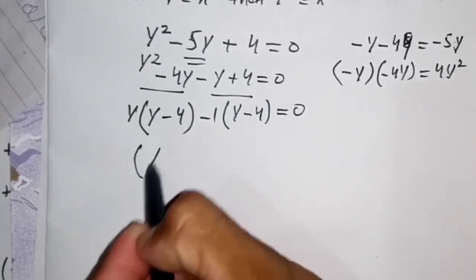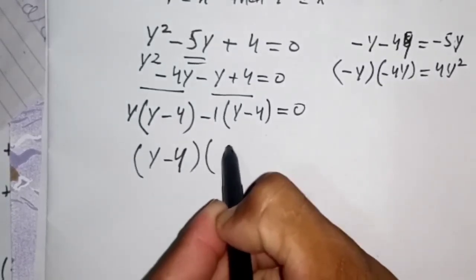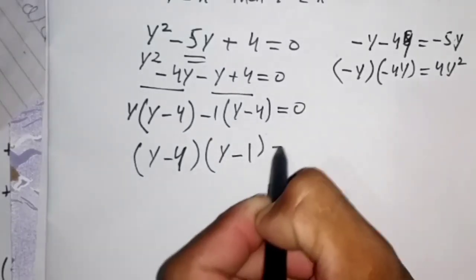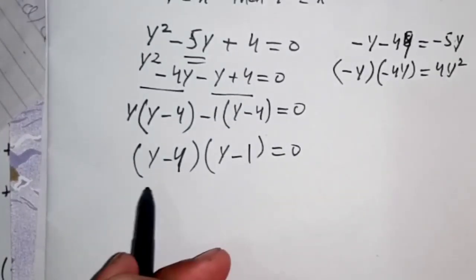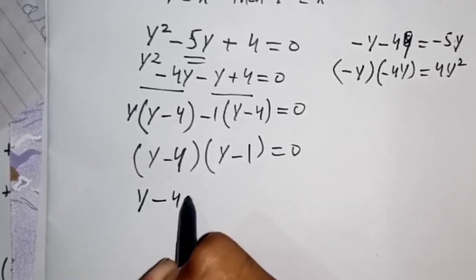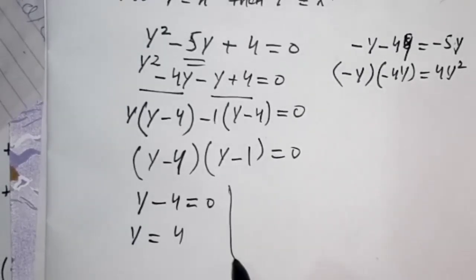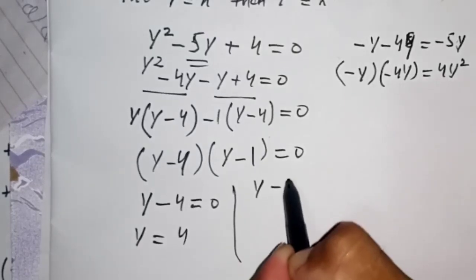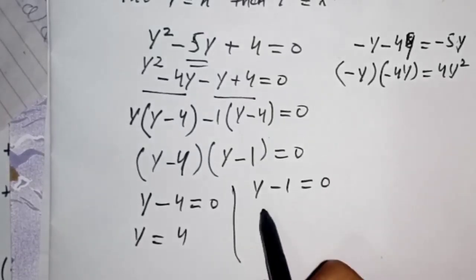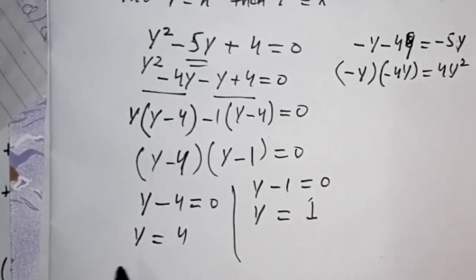Now we write (y - 4)(y - 1) = 0. By the zero product property we put y - 4 = 0, so y = 4, and likewise y - 1 = 0, so y = 1. Now we will resubstitute the value of y.